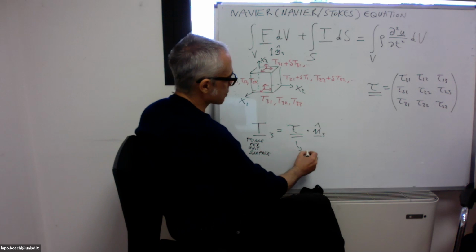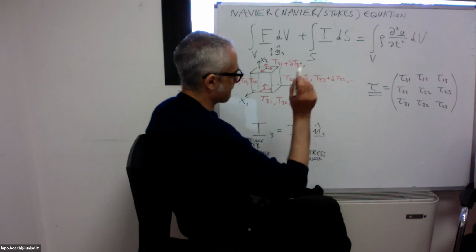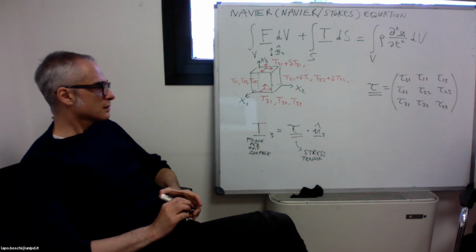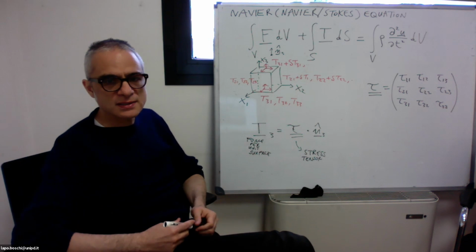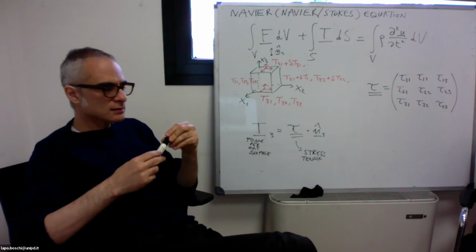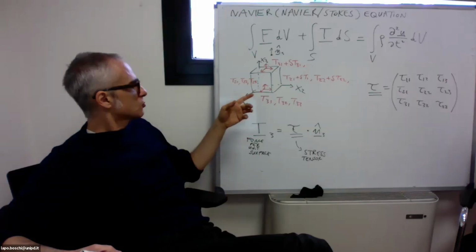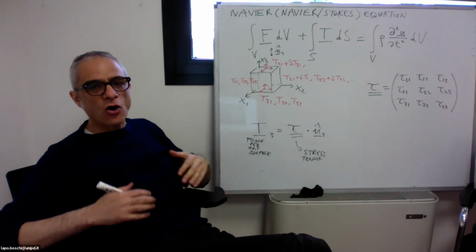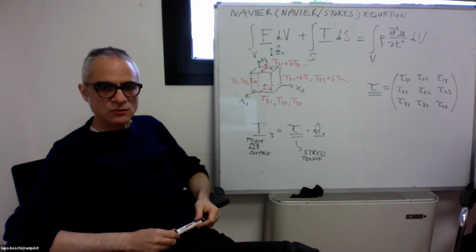And this is what we call the stress tensor. The stress tensor carries all the information you need to calculate the stress on any surface, no matter how it is oriented within your medium.